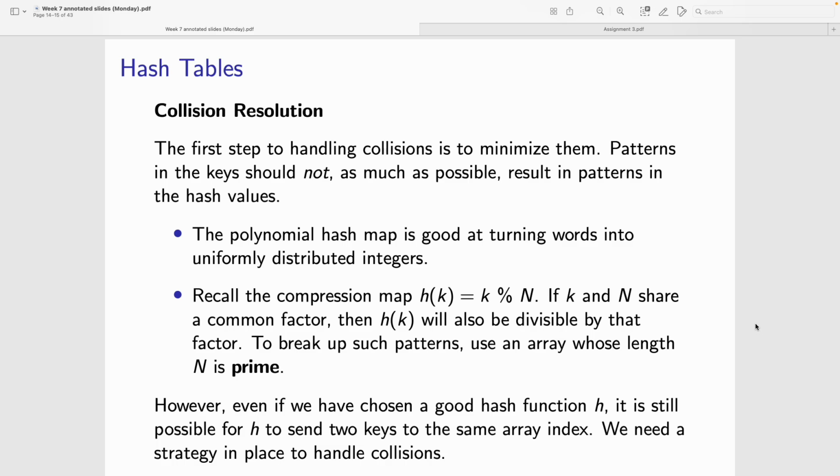But we can reduce collisions all we want, but preventing them is impossible. You need to have a strategy in place, or in this case, an algorithm in place, in order to handle collisions when they happen.